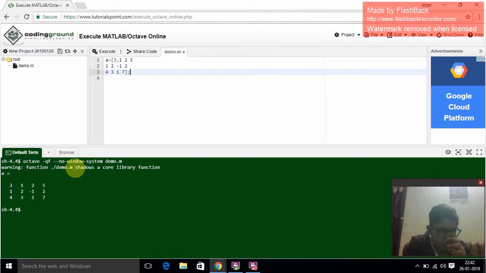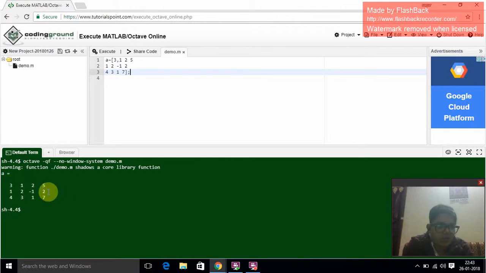But before doing row reduction, let us first know what a matrix symbolizes. Basically, a matrix symbolizes a system of equations. All the elements in the first column are coefficients of x, in the second column are coefficients of y, and in the third column are coefficients of z.